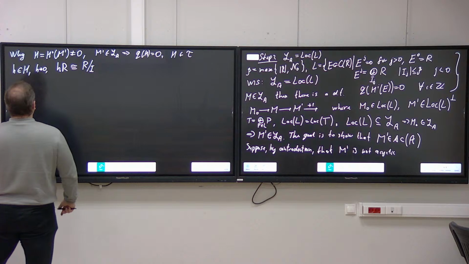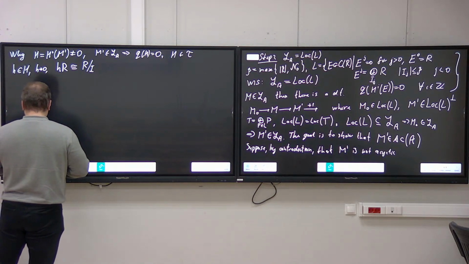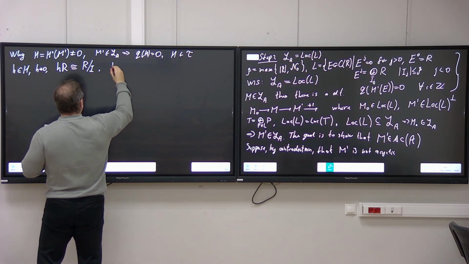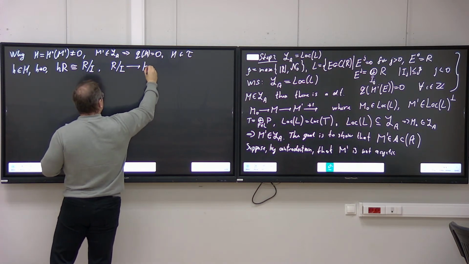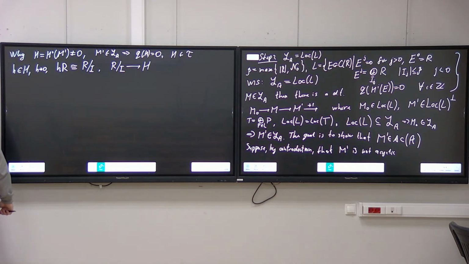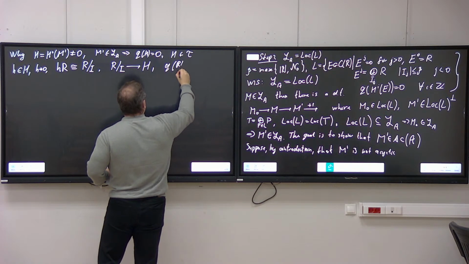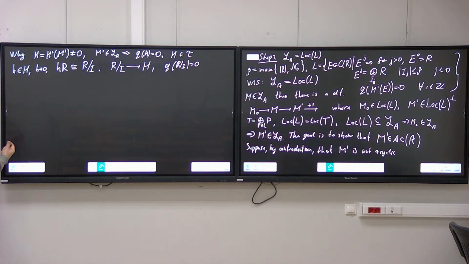So that's a cyclic module that sits inside the H. So we have a non-trivial, non-zero map of the modules. Also we can notice that Q of R modulo I is equal to 0, since this is a submodule inside H, and Q of H is 0, so the submodule's Q is also 0.